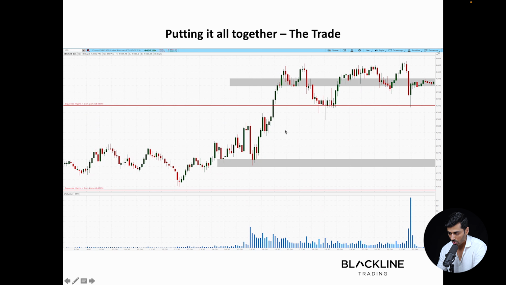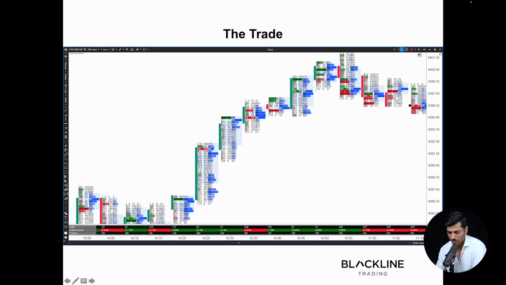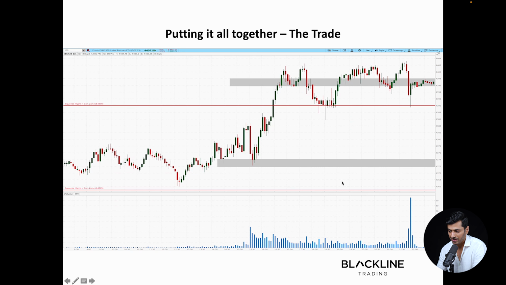But if you look at the market from the auction point of view, as we discussed in the previous slide, right? If you start looking deeper inside, where is the price being auctioned? What is considered the fair price in this area, right? If you start looking at the market from that point of view, then things become relatively easier. So this is just putting it all together.